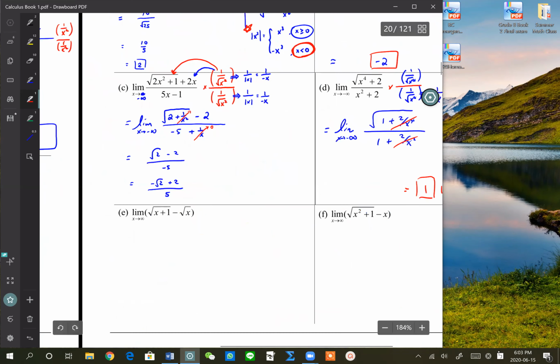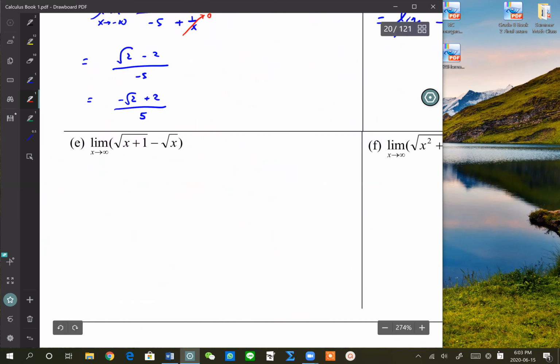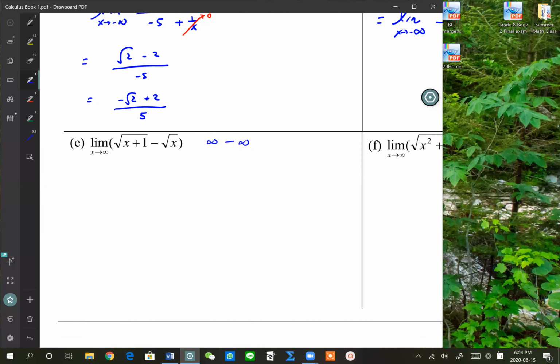Now, if you look at question E, it doesn't have a fraction. If we try to sub in infinity, for the first one, it will be infinity. Infinity plus 1 is still infinity, and the square root is still infinity. So you get infinity minus infinity. Now, if they are the same, it could equal 0.